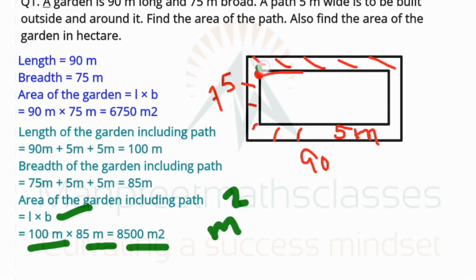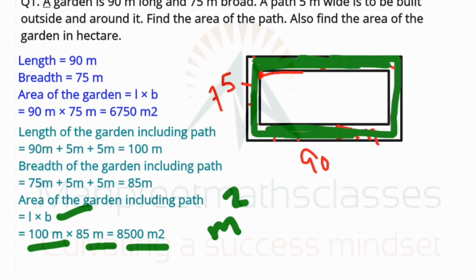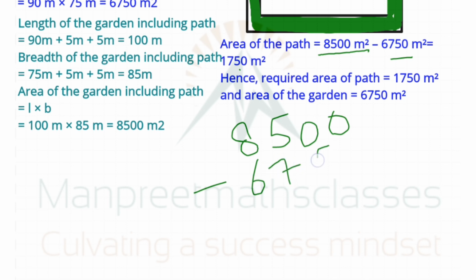Now we need the area of this path. So we will subtract both the areas. Area of path is equal to area of garden including path minus area of garden. So 8500 minus 6750. 0 minus 0, 0.